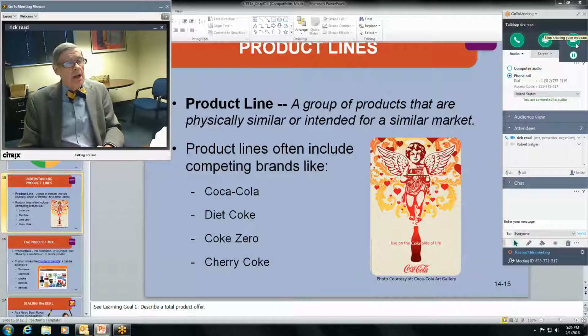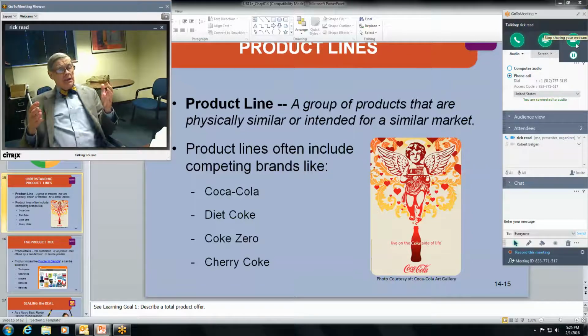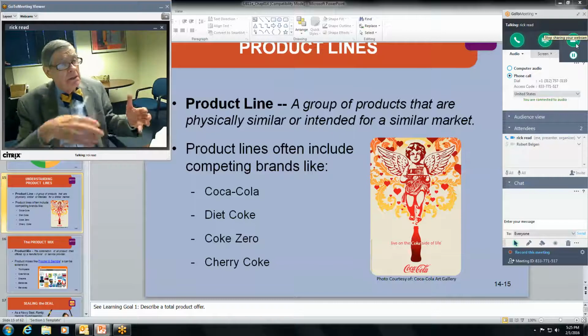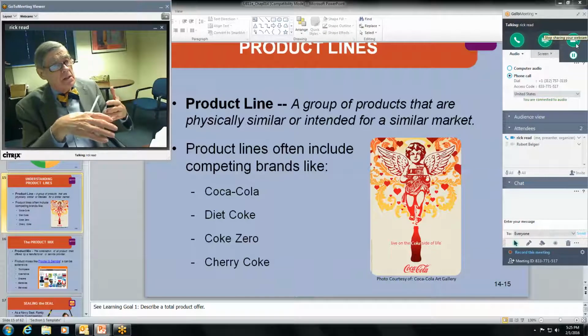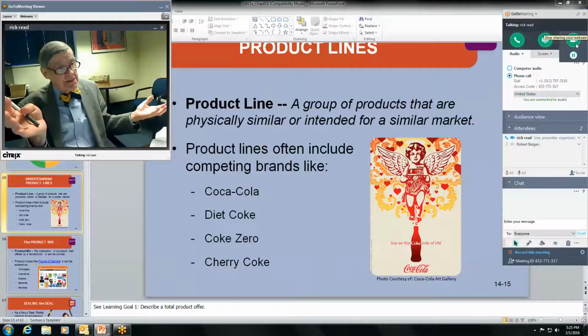A product line is a line of products that are similar in some circumstances, but yet they're different. And they are really intended for a similar market, even though that market may have some differentiation in it.